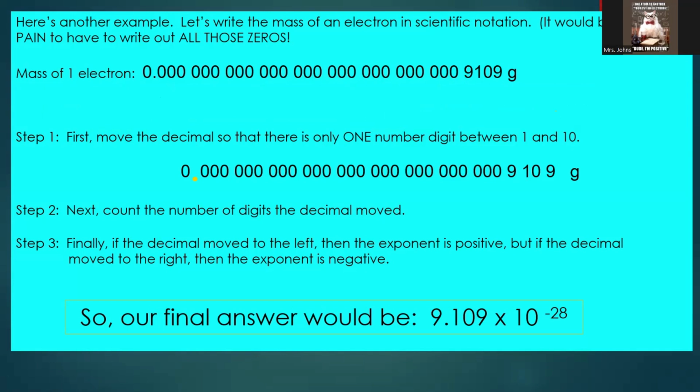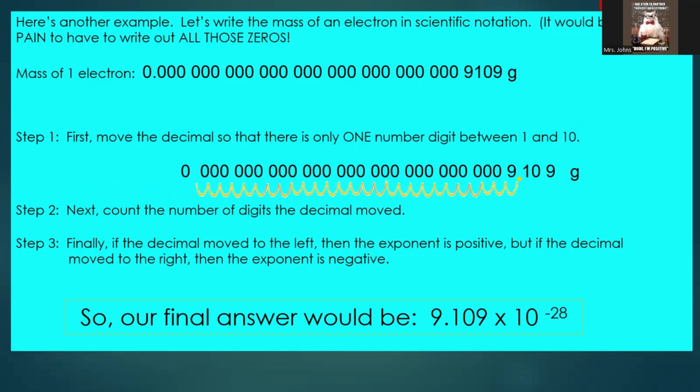First of all, we've got to find the first digit that we come to that is between 1 and 10. So that's going to be this 9 right here. So we've got to move our decimal over here after the first digit that's not a 0.